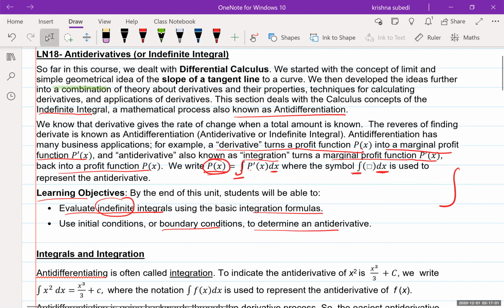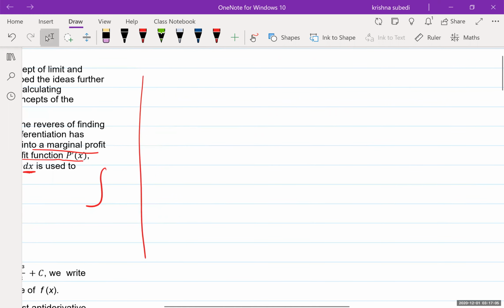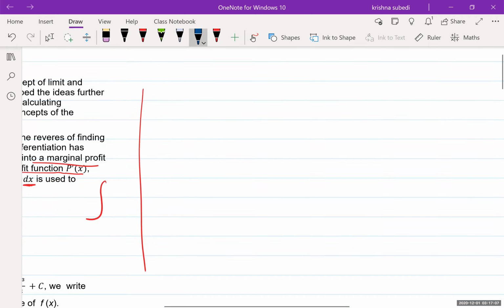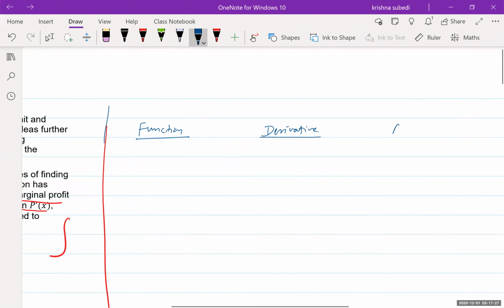Now let's look at a few examples. Suppose you are given a function, and its derivative and antiderivative.